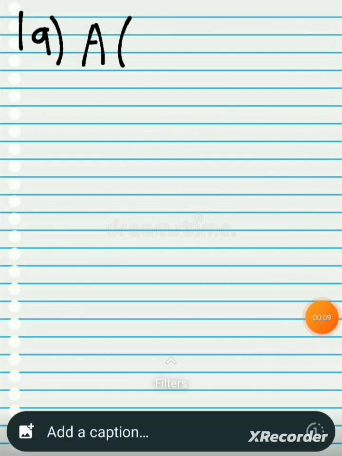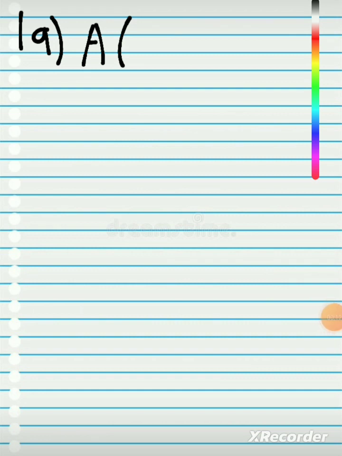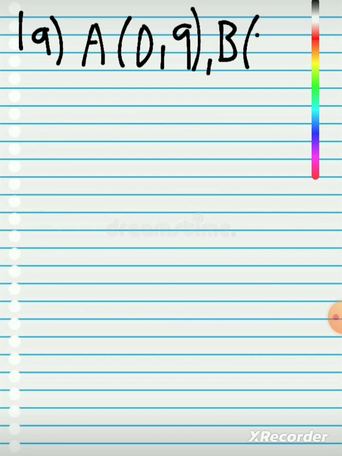So we start with question 1a. What is the midpoint of A and B? B is (2,4).